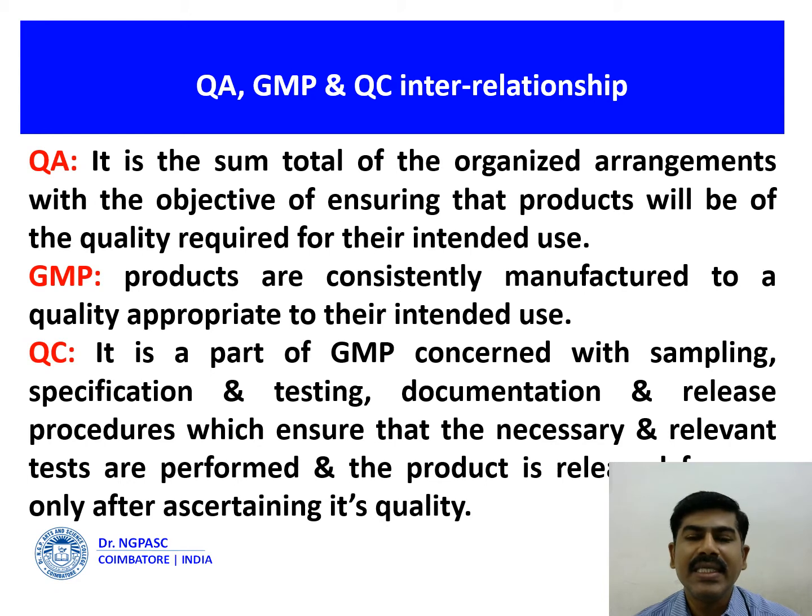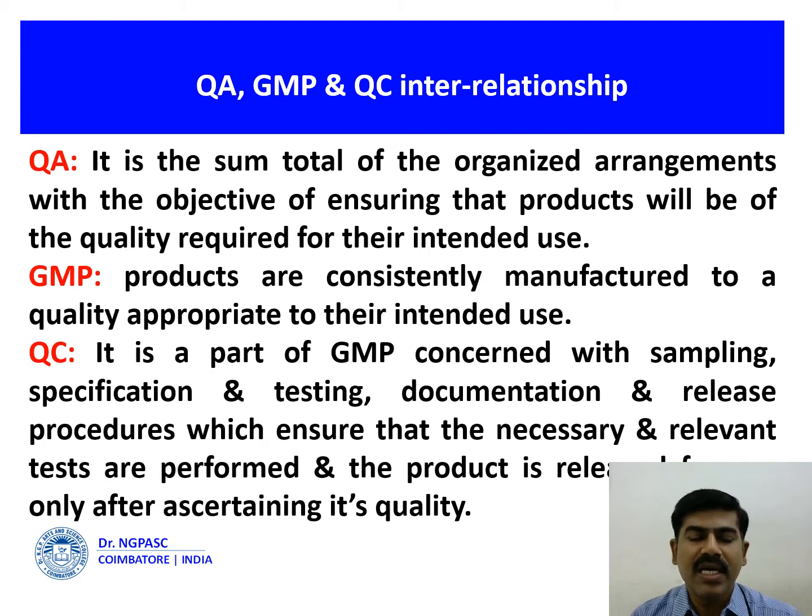So the interrelationship exists between quality assurance, good manufacturing practices and quality control. Here we are going to see the interrelationship existing between these terms. Quality assurance is the sum total of the organized arrangements with the objective of ensuring that products will be of the quality required for their intended use.